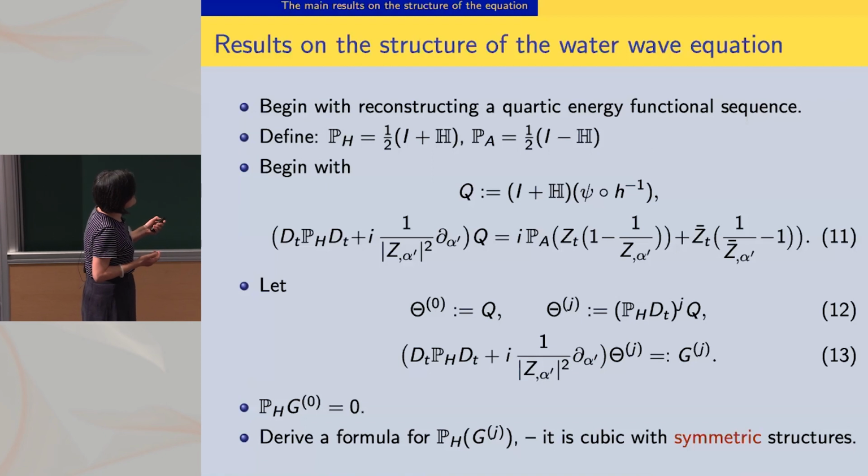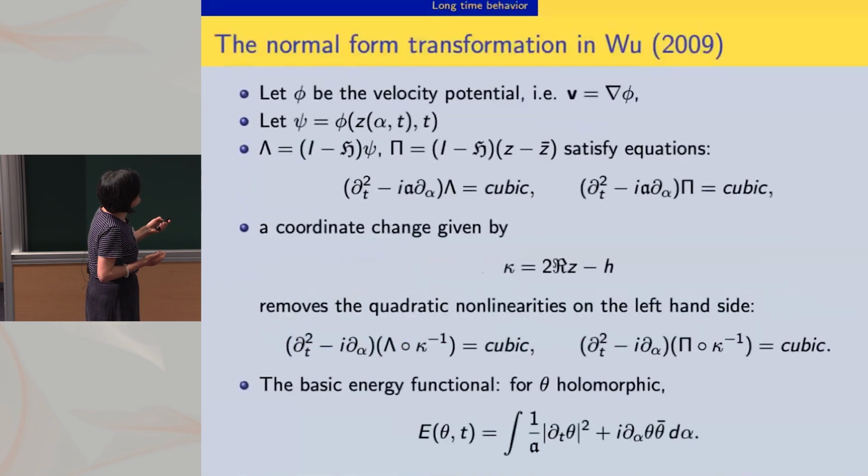So this is still the material derivative, but this time we are not. Let me just review the main operator here. The main operator should be dt squared plus or minus ia d alpha, right? So you take two material derivatives, and there is this Taylor sign negative dpdn in here.